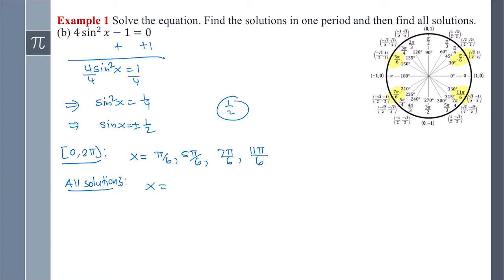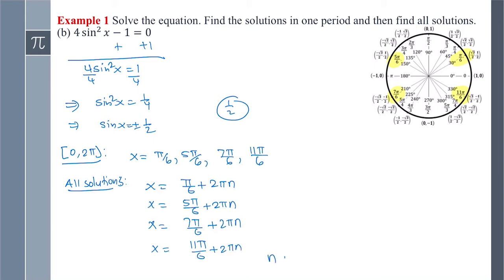So x equals pi over 6 plus 2 pi n, x equals 5 pi over 6 plus 2 pi n, x equals 7 pi over 6 plus 2 pi n, and x equals 11 pi over 6 plus 2 pi n, where n is an integer. So these are the solutions.